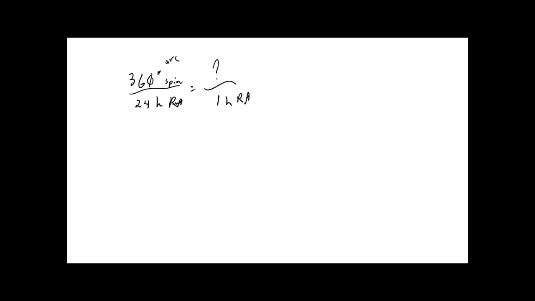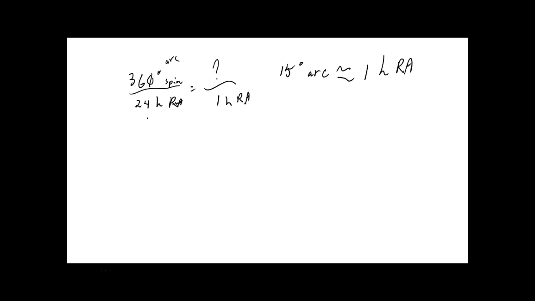Say again? 15, right on the nose. Divide this by 24, divide that by 24, and you get 15 degrees of arc are equivalent to 1 hour of right ascension. Perfect.